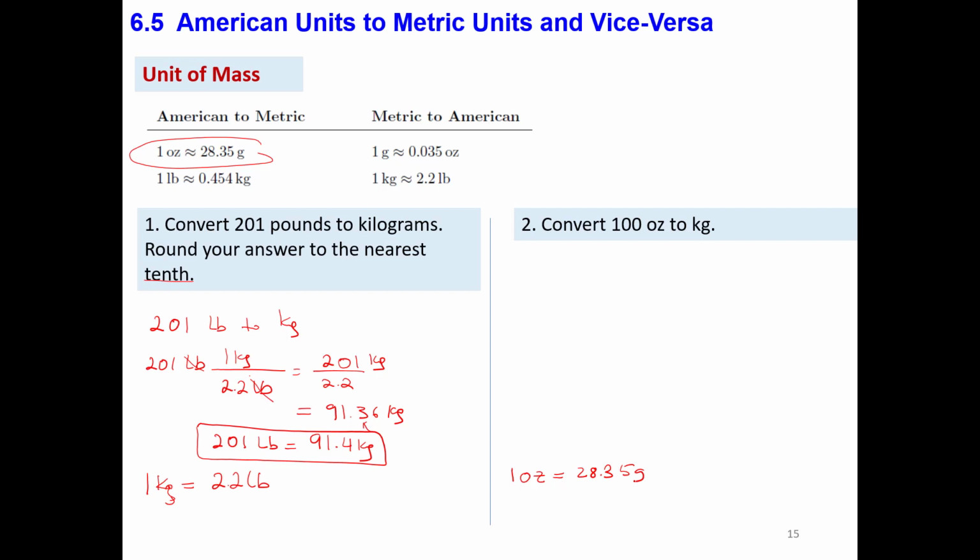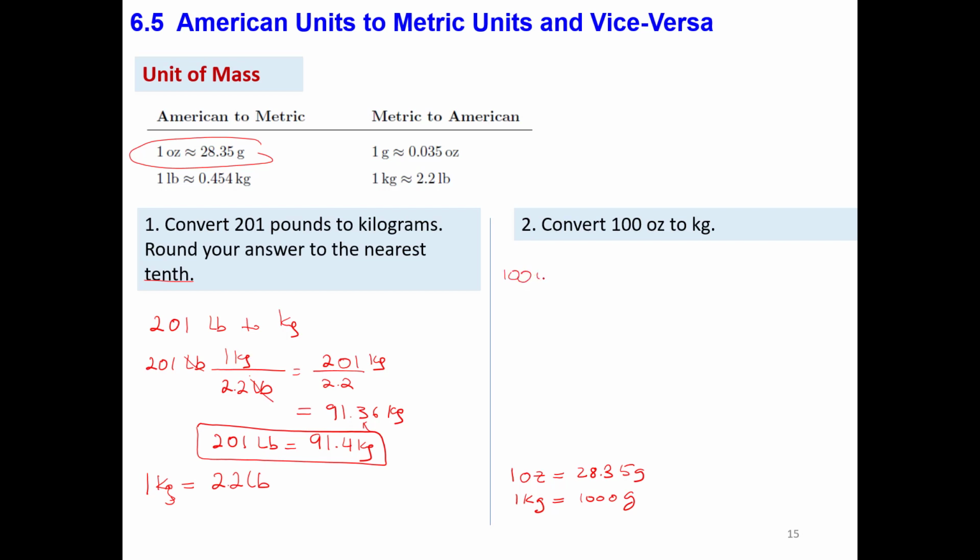But then we need to convert into kilograms, but we know 1 kilogram equals 1,000 grams, because kilo means 1,000. Then we need to use these two conversion factors to get the answer. And let's write here, 1,000 is 100. Sorry, not 1,000. It's 100 ounces.